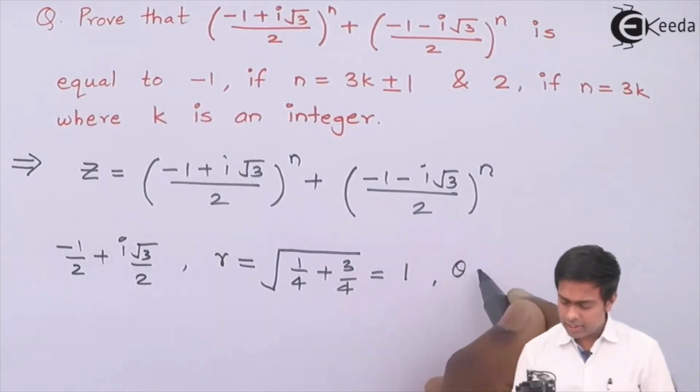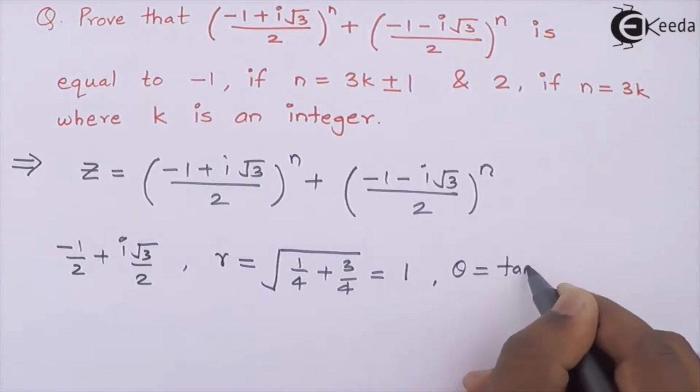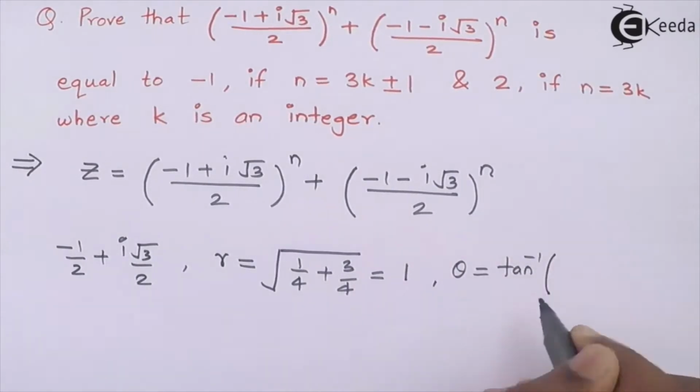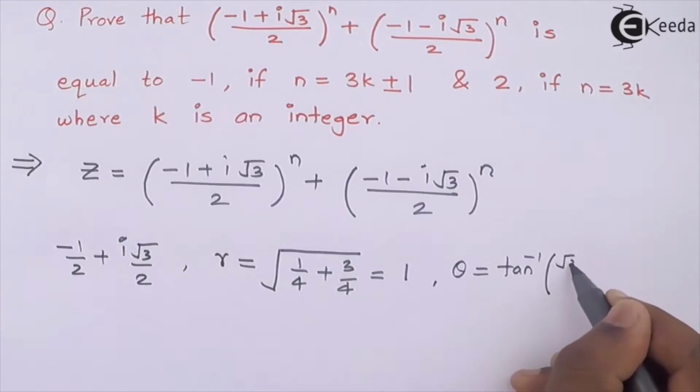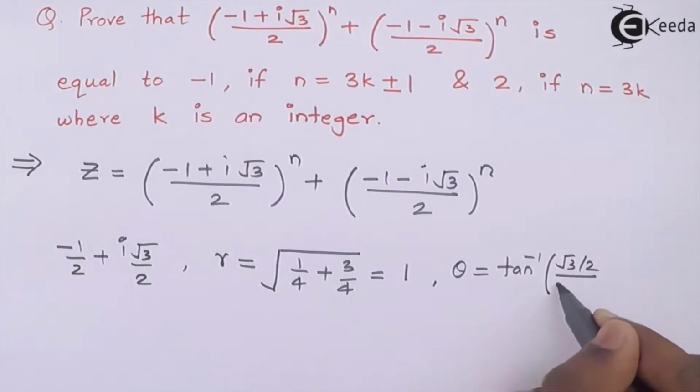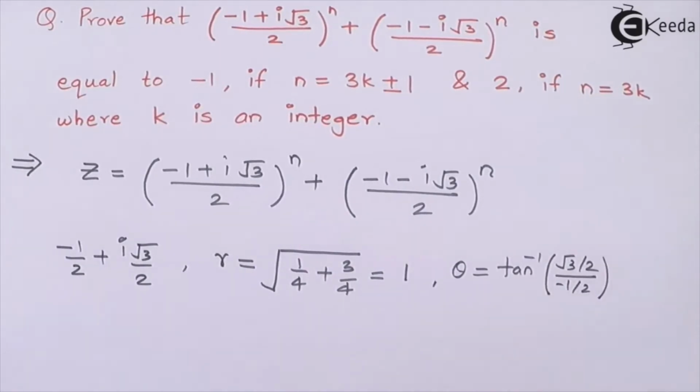Similarly, theta is given by tan inverse of y upon x. So y is √3/2 and x is -1/2. We can cancel the 2 and 2, and we get tan inverse of -√3.